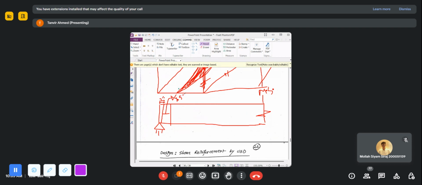You provide this spacing up to the location of the maximum spacing. এটাই কন্টিনিউ করবা, ঠিক আছে?